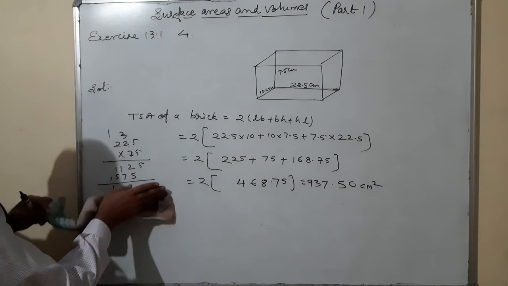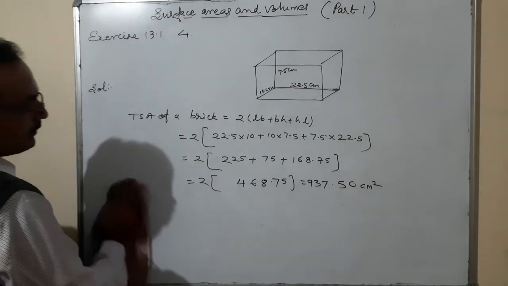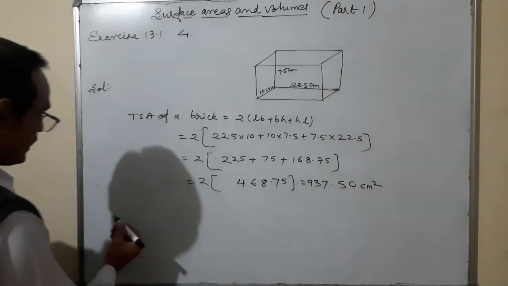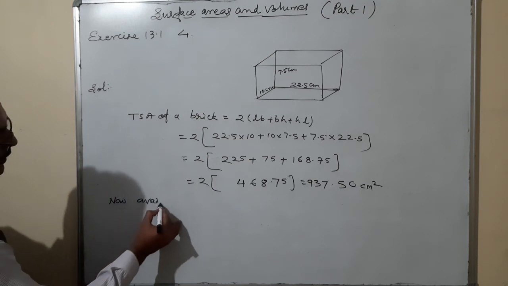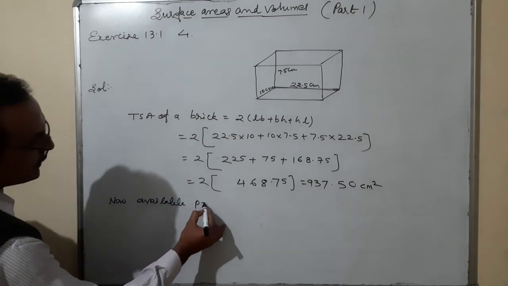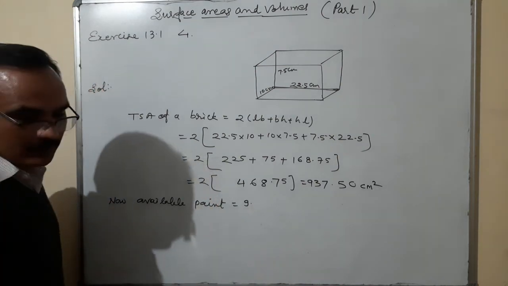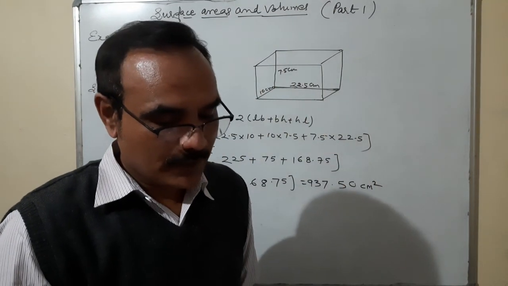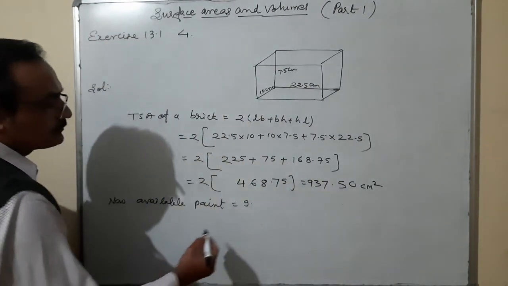The question is how many bricks can be painted? Available paint is equal to 9.375 meter square.